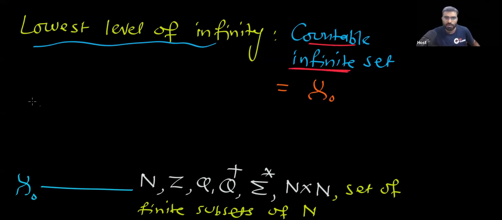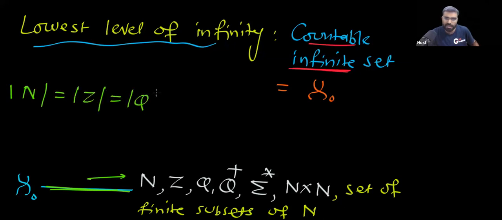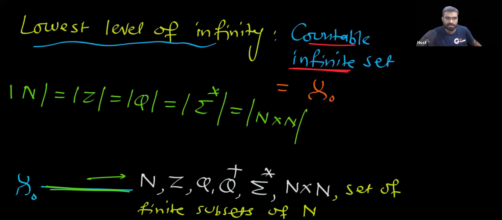You can see the cardinality is the same. This is the lowest level, and all of them are here. The cardinality of N is the same as the cardinality of integers, the same as the cardinality of rational numbers, the same as the cardinality of Sigma star, the same as the cardinality of N cross N. All of them have the same cardinality as positive rational numbers.